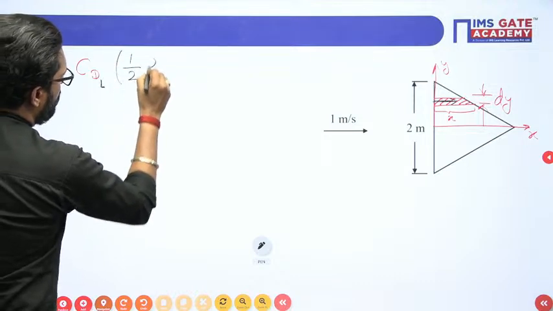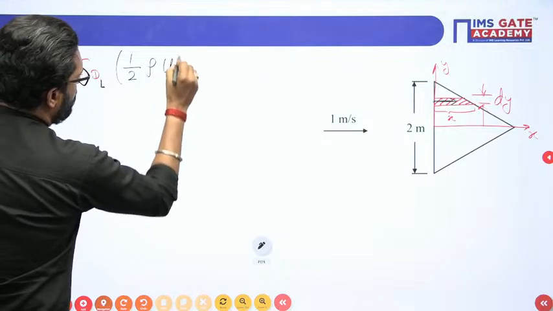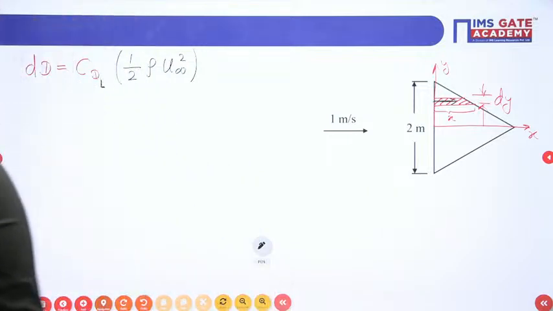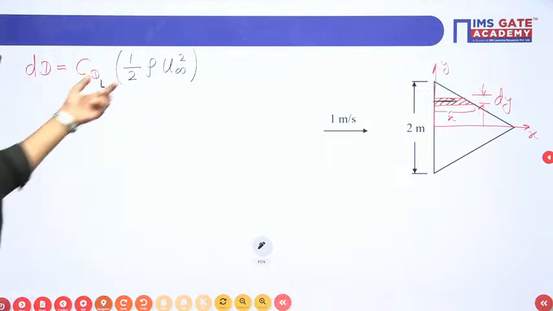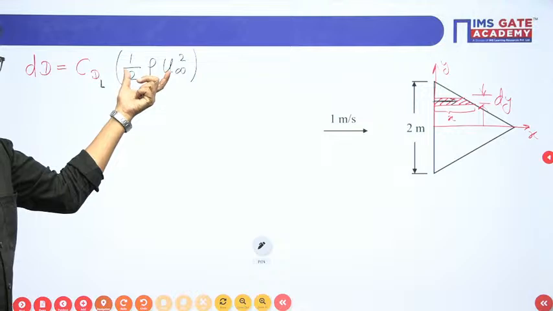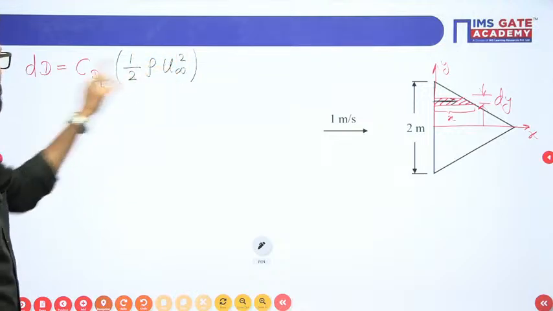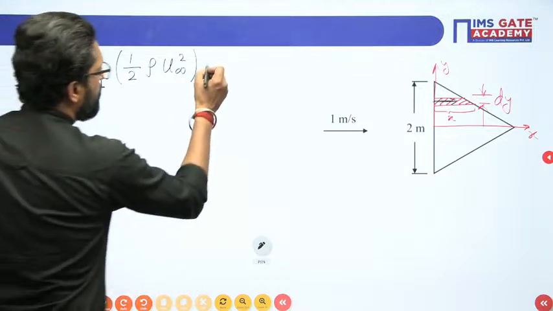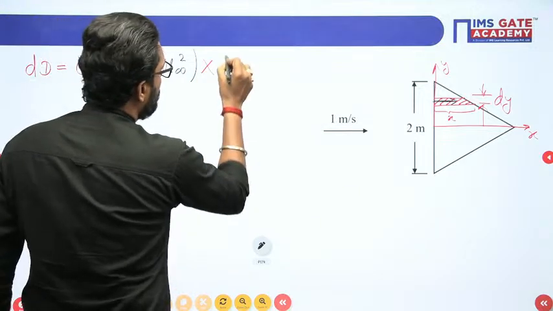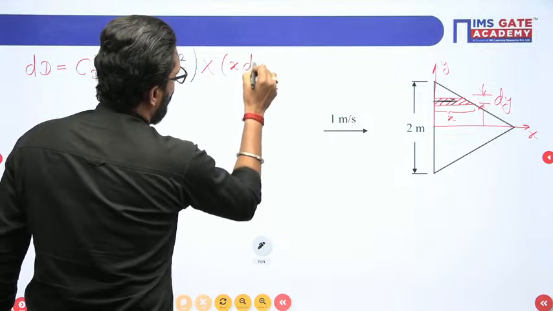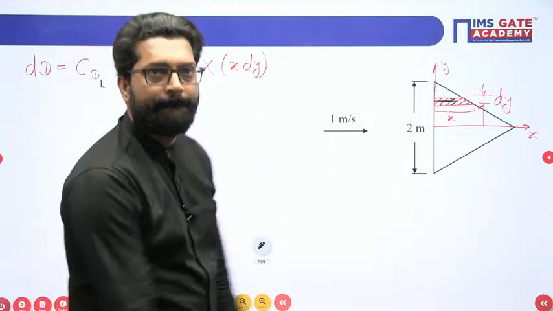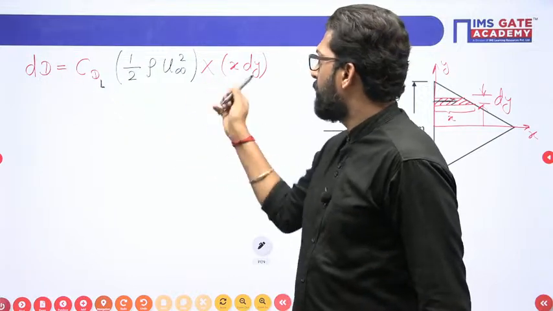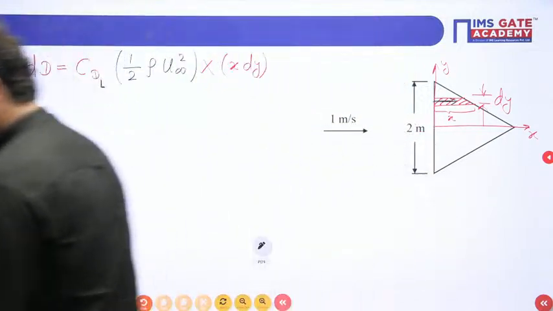Half rho U infinity squared. Clear? This is a pressure, and we require a force, so we must apply the area. What is the area? x into dy. Don't forget, because force is equal to pressure multiplied by area. Okay, no problem at all.